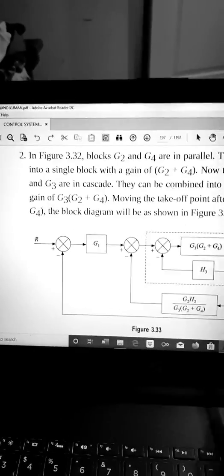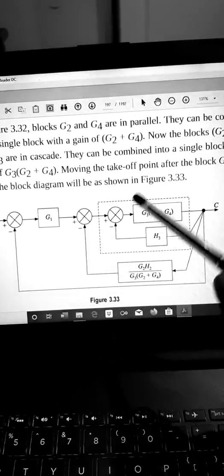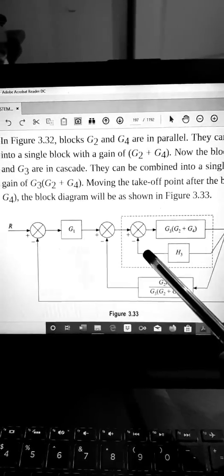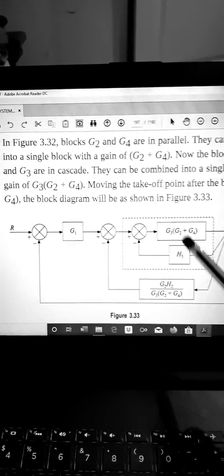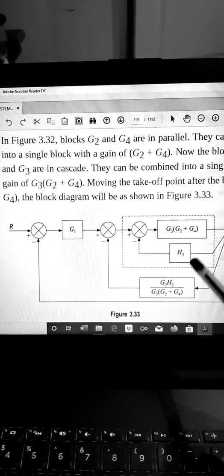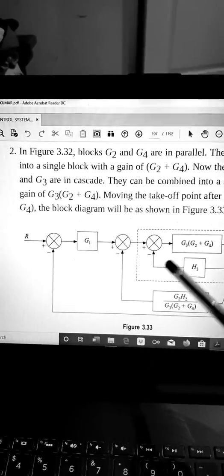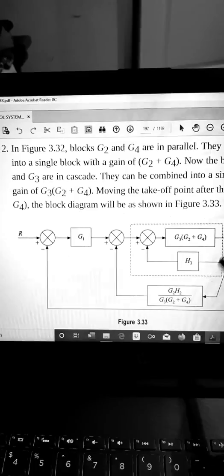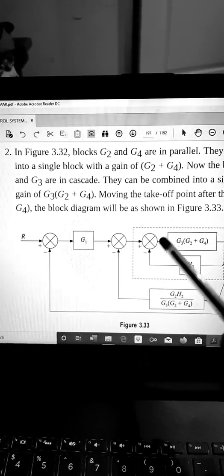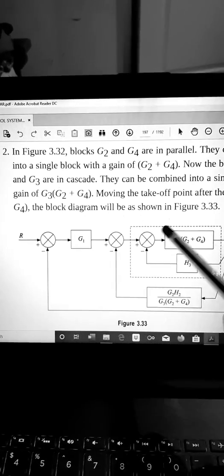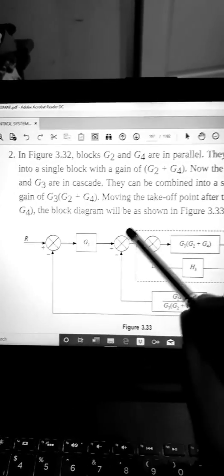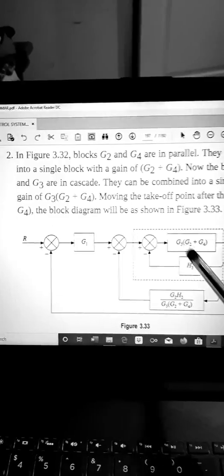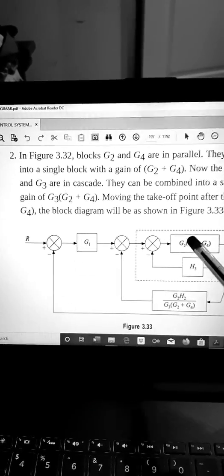Apart from this, all are now in the normal format. Here you can use the general formula, this divided by 1 plus this into this, and it will be reduced. Once it is reduced, it will become a single block. Now that block and this form a normal feedback again, so you apply the same formula.